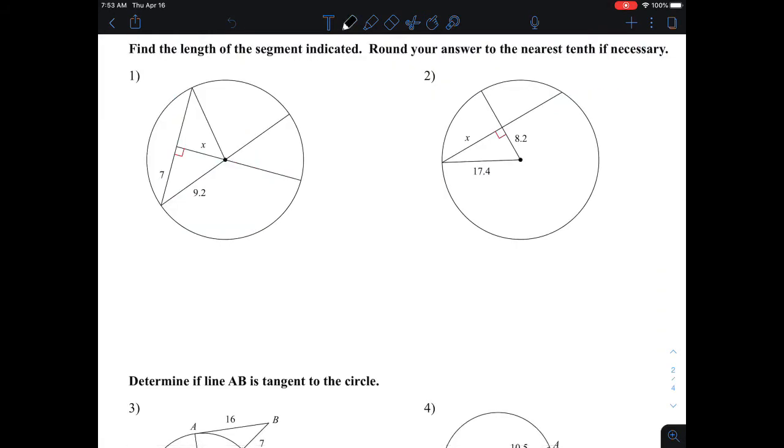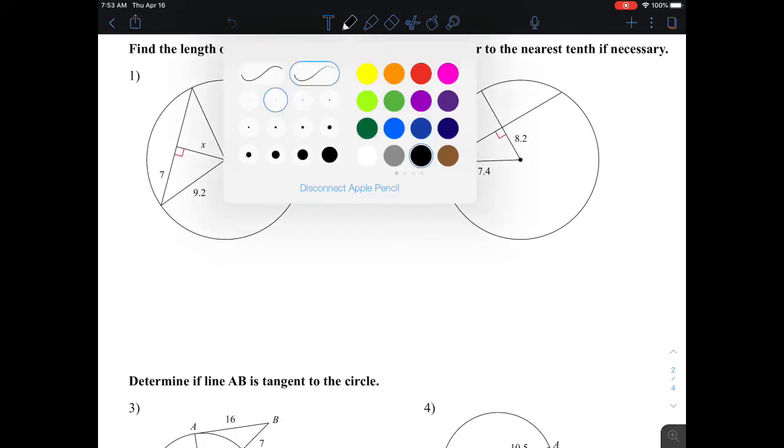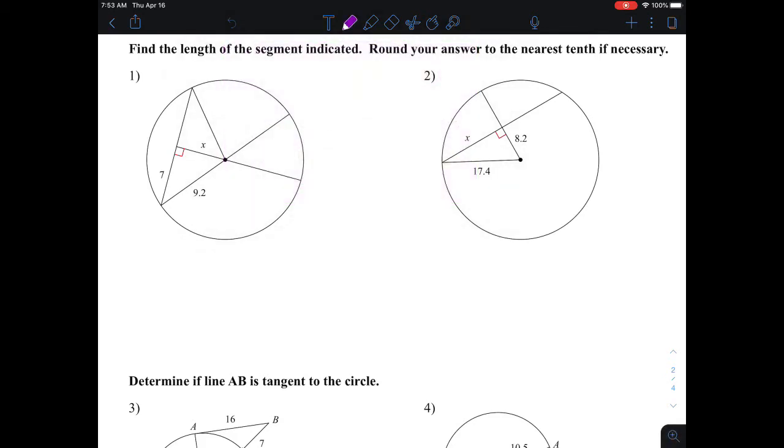All right, in these first two problems, we want to determine the length of x. Looking at what I have here, they already indicate a 90-degree angle, so we have a right triangle. I would just do Pythagorean's theorem: leg squared plus leg squared is equal to hypotenuse squared.